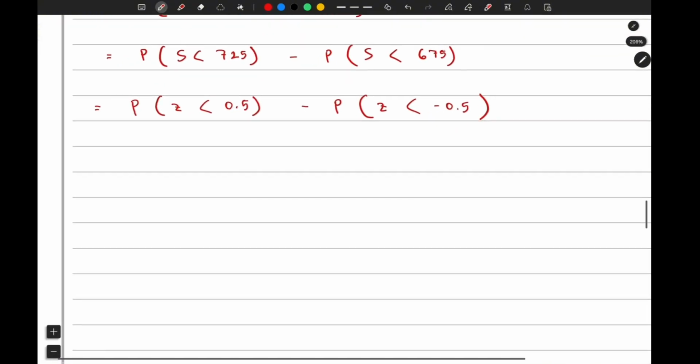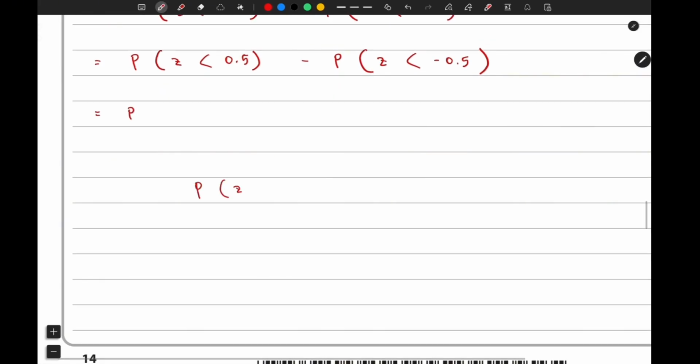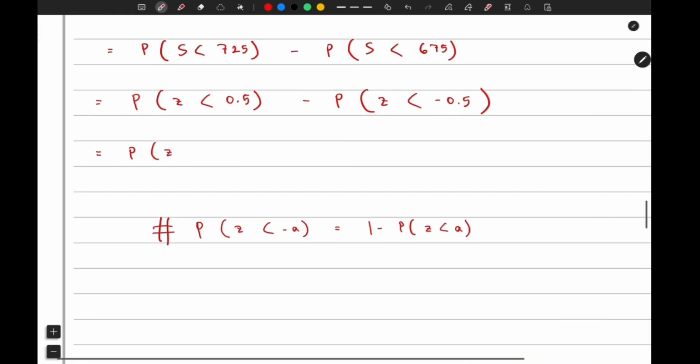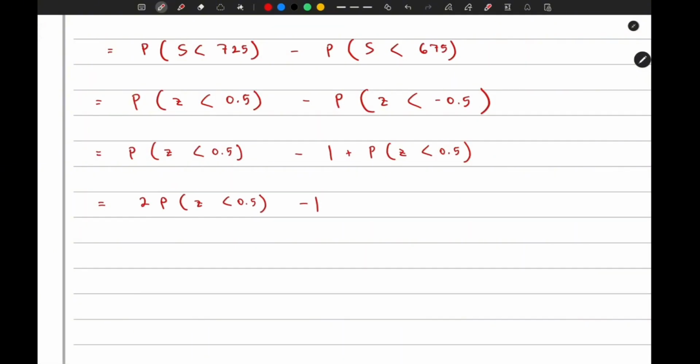Now we need to convert this negative value to positive. In order to do that, we use the formula that probability of Z is less than minus A equals 1 minus probability of Z is less than A. So this is another formula. So probability of Z is less than 0.5, minus 1 plus probability of Z is less than 0.5. Since there is a minus sign, this will be minus and this will be plus. So you can rewrite this as 2 times the probability of Z is less than 0.5, minus 1.